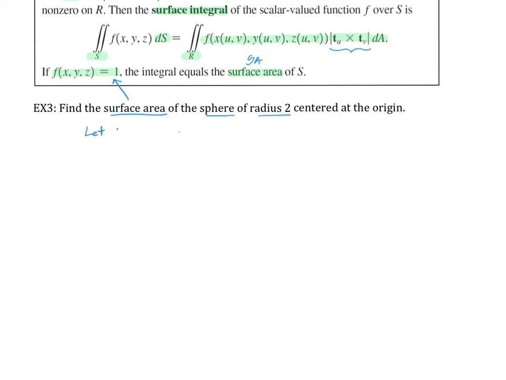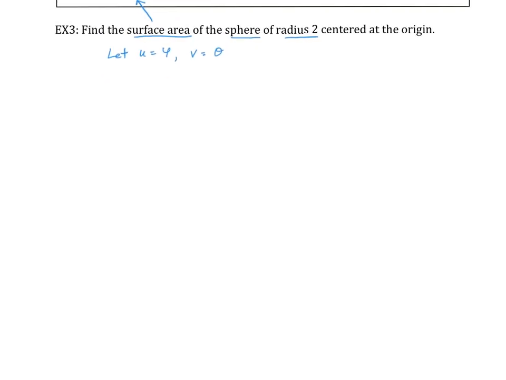I'm going to let u equal phi, v equal theta. And then I describe r of u,v as 2, because my radius is 2, sine of u cosine of v, and then 2 sine of u sine of v.